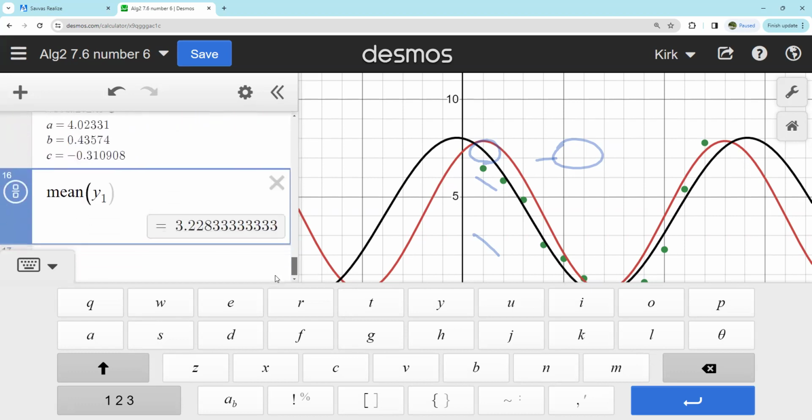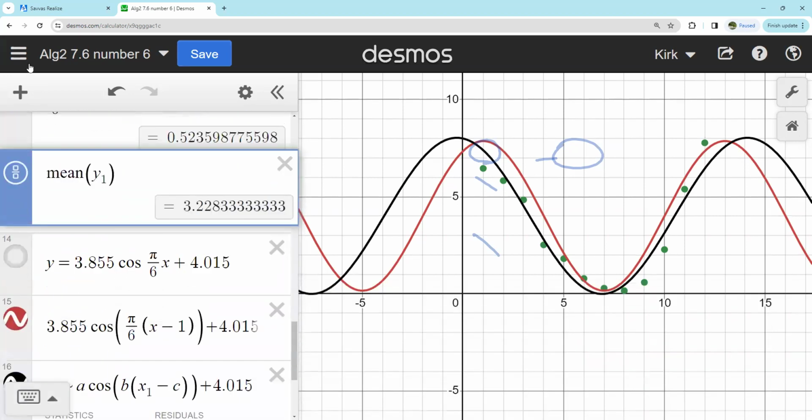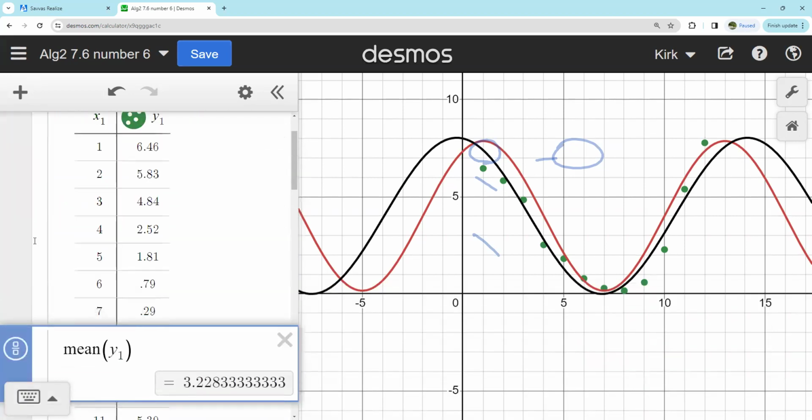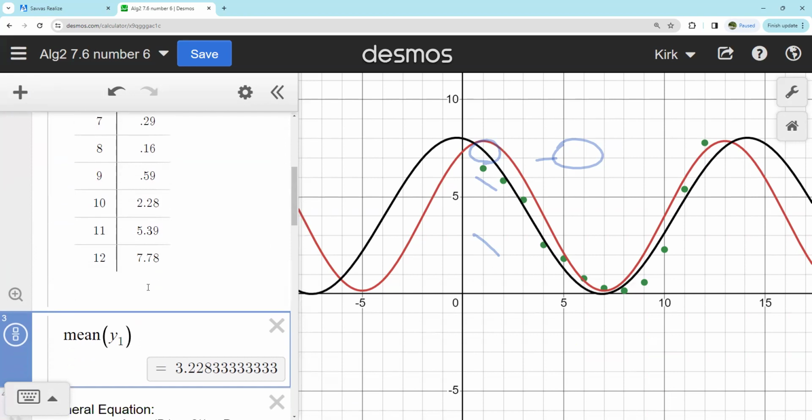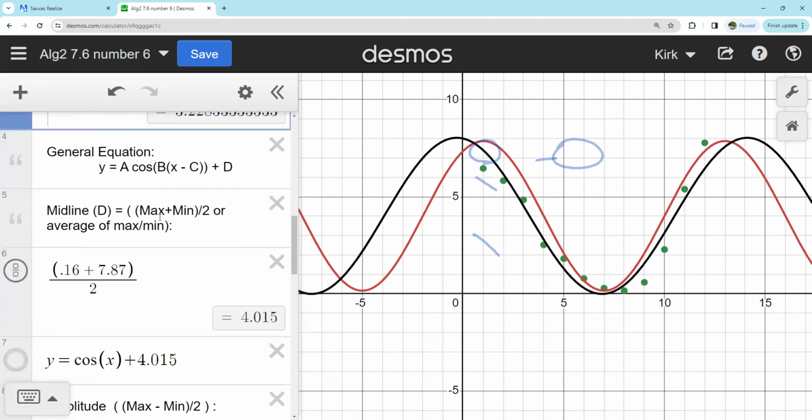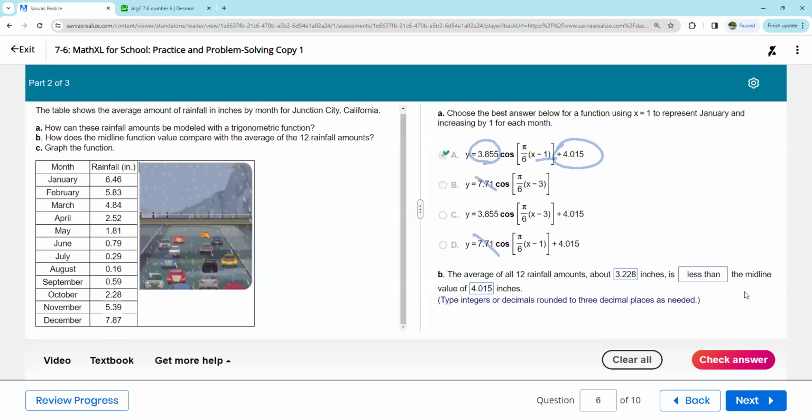And when I did, let's put this up closer to the top here so I can see it, next to my data, the mean value, the average, 3.228, is less than my midline, because my midline was the 4.015. My 3.228 is less than the midline.